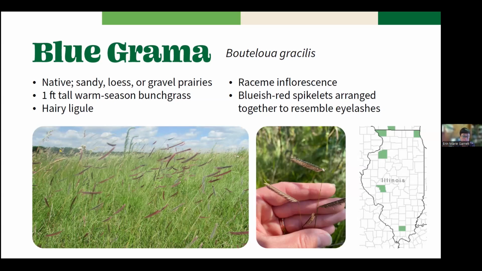Easiest to tell when it's blooming. Before it's blooming, I don't know that I'd be able to reliably identify this grass. But we're going to find a raceme inflorescence with bluish to red spikelets kind of arranged together to resemble an eyelash, or the collection of eyelashes on your eye, I guess, to be more technical.